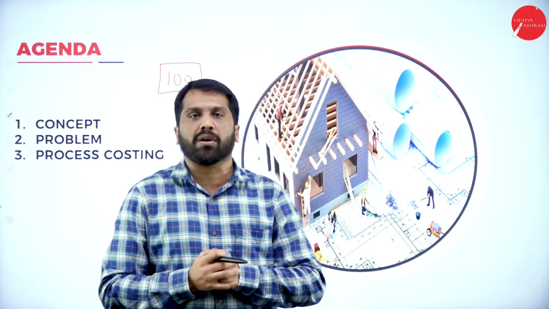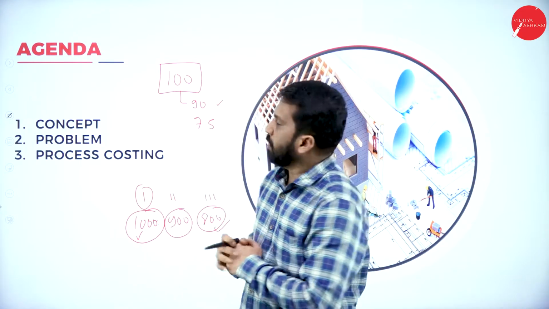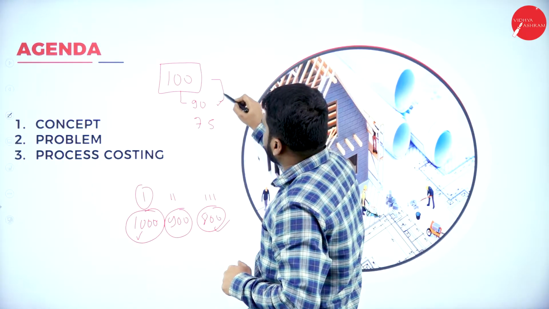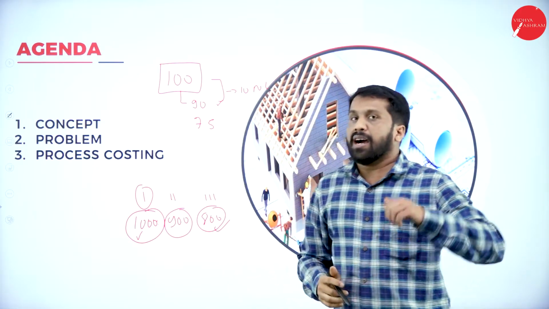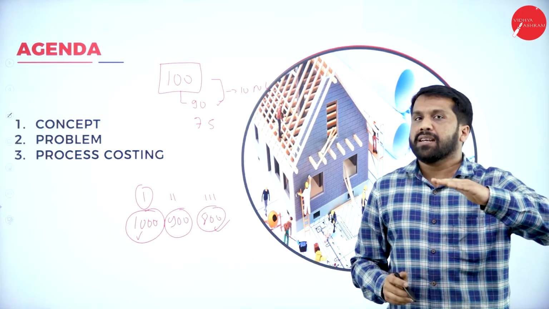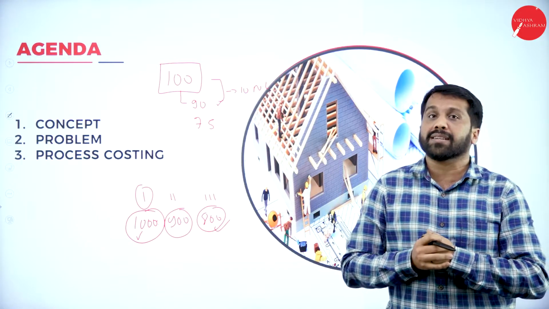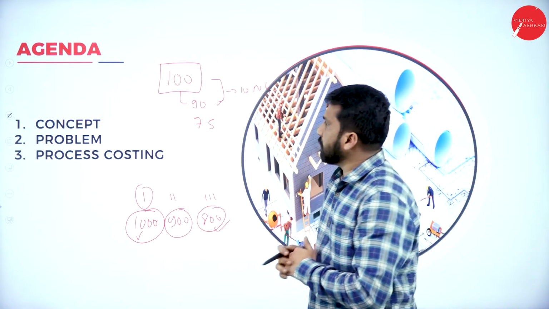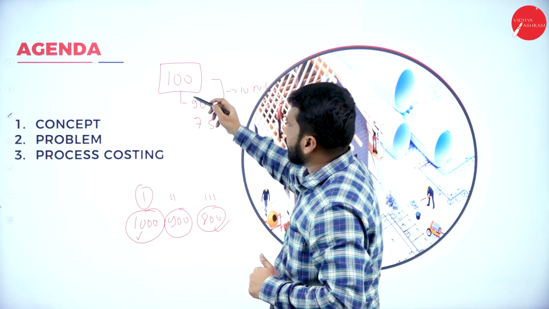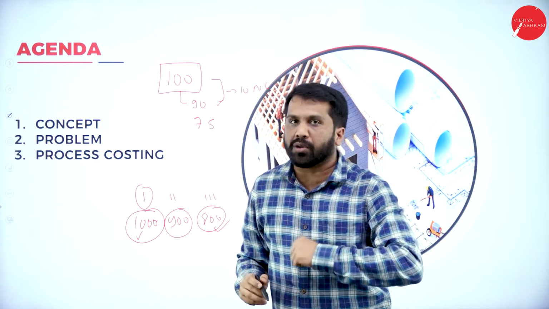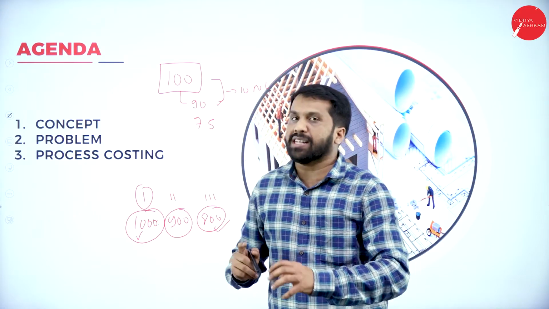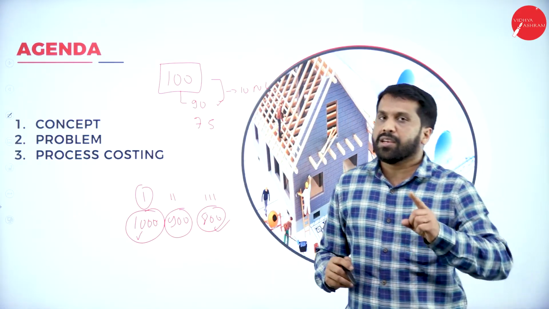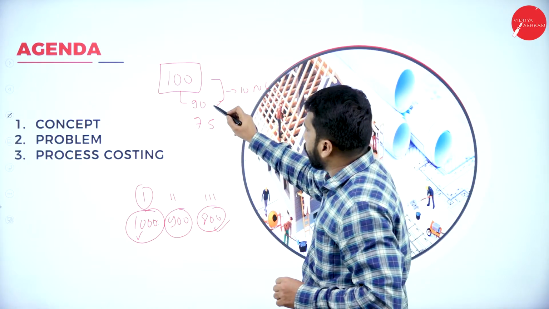In this, what is normal loss and what is abnormal loss? 100 minus 90, the 10, we call it normal loss, because you already expected that you were going to lose 10. But unfortunately, once you got your result, your score is 75.